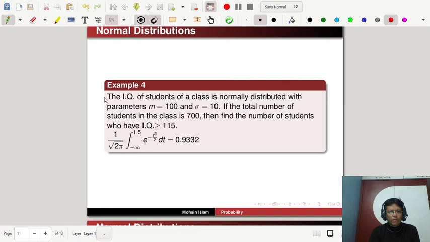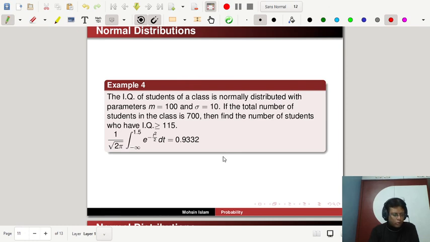And lastly you have an IQ problem. You can calculate the IQ of the students whose mean is m equal to 100 and sigma is equal to 10. If the total number of students in the class is 700, find the number of students who have IQ greater than or equal to 115.